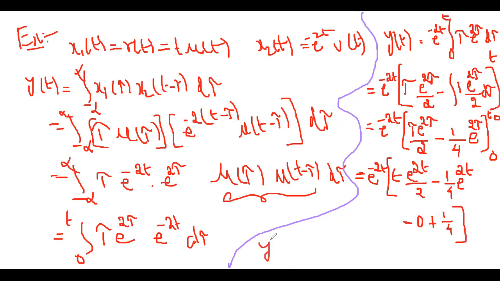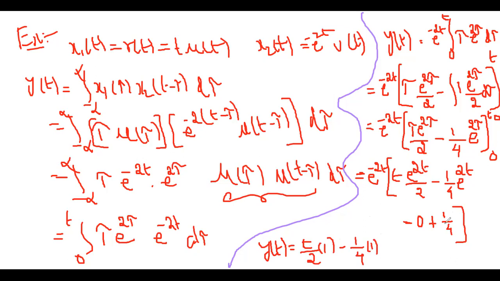That is equal to y of t, after simplifying, e power minus 2t can multiply here, t by 2 into e power minus 2t and e power plus 2t. What is the value? E power 0, which is 1. Minus again 1 by 4 into e power 2t and e power minus 2t, that value is 1 only, e power 0.